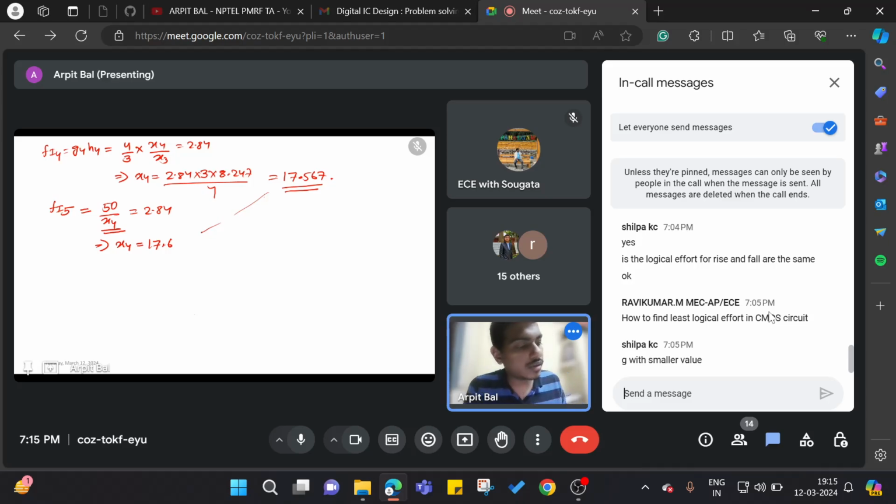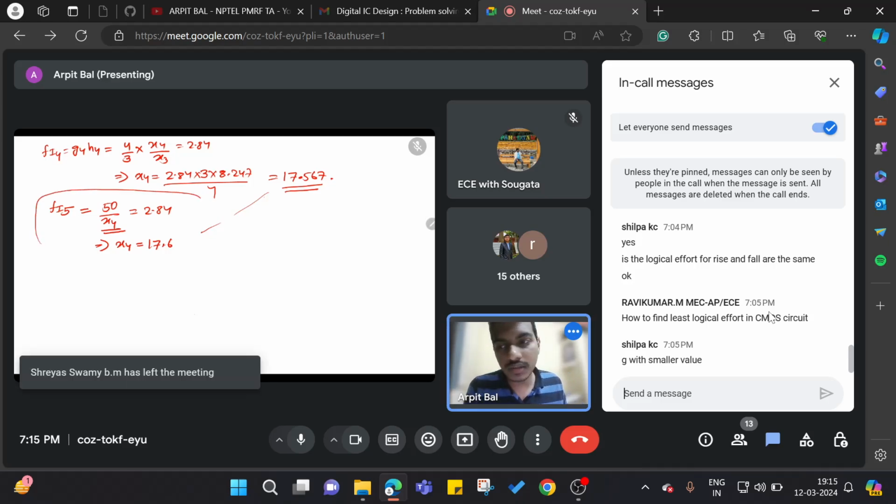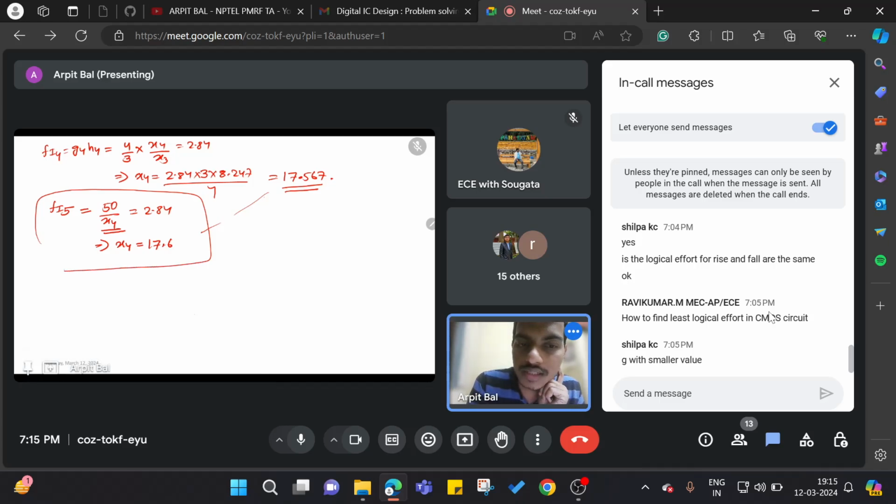So to have a proper verification, you can also go and check the last stage variable value. If it matches with whatever variable value you obtained previously, then it means whatever you have solved is correct. Okay, so this is what I planned for today. If anyone has any doubt, please let me know.